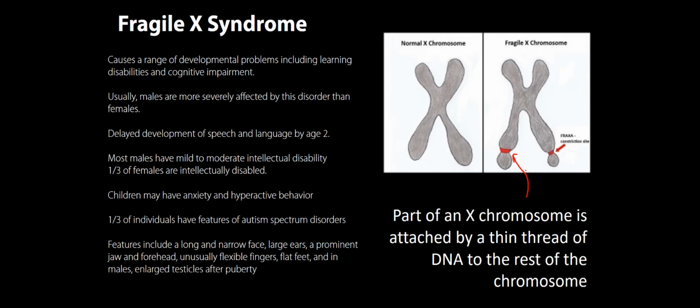And some of them are also on the autistic spectrum. So like Down syndrome, Cri-du-chat and Klinefelter, there's also characteristic physical defects, including a longer than average narrow face, larger ears, a prominent jaw and forehead, unusually flexible fingers, flat feet, and in males, they have enlarged testicles after puberty.